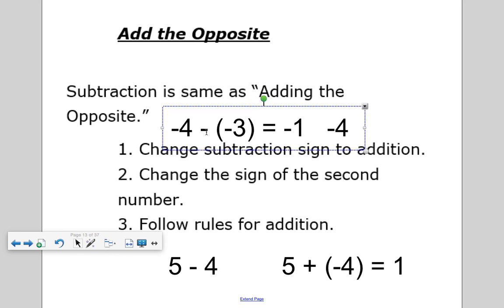So I keep 4 negatives because that's what I started with. I flip the subtraction to addition, and I add. So I'm adding the opposite. What's the opposite of negative 3? 3. And what's negative 4 plus 3? That's also equal to negative 1. So negative 4 minus negative 3 is the same as saying negative 4 plus 3. They both give you the same value.